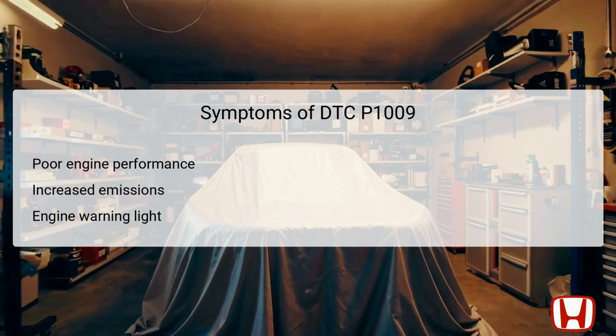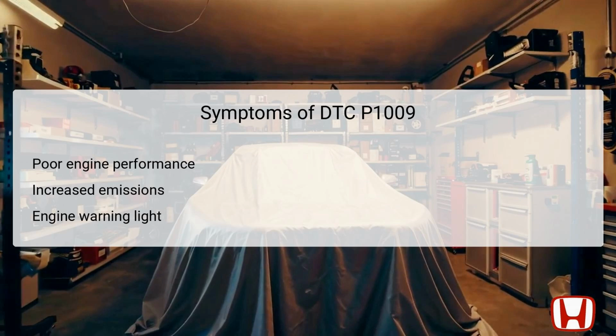Symptoms of DTC P1009 may present as reduced engine performance, noting that the VTC system is critical for optimal operation. Drivers may experience a lack of power or unresponsive acceleration due to poor timing adjustments. Additionally, increased emissions may occur as improper timing can disrupt the combustion process.